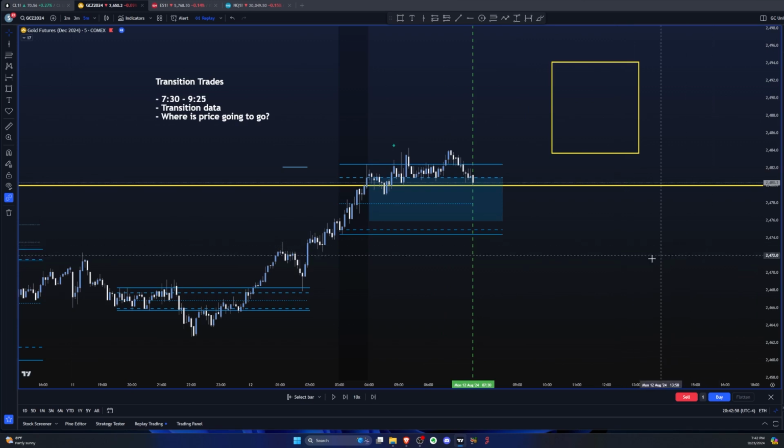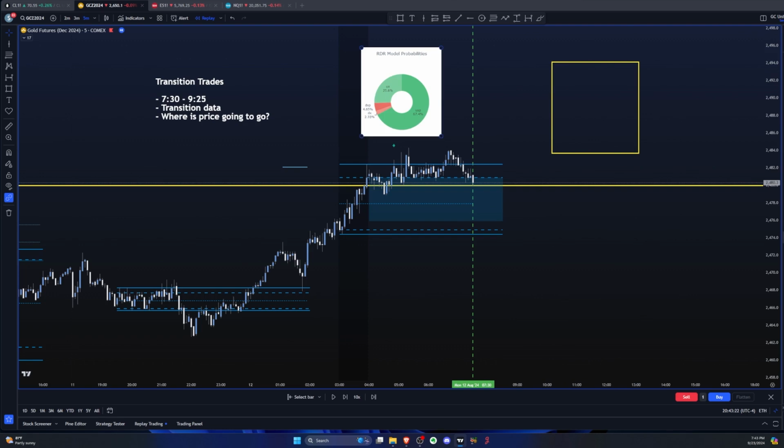Okay. So when I go into my application and I put in all the things that I need to take a look and filter and try to get the right parameters for this given day, what comes out? Well, for this particular day, for everything that's happened here in the ADR session and over here, this is what my probability looks like for what pattern is going to form.